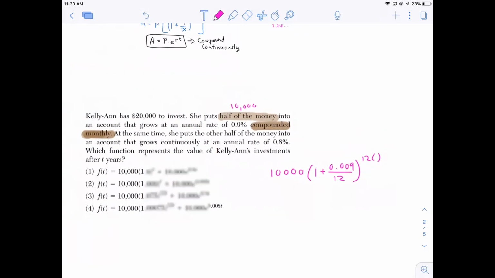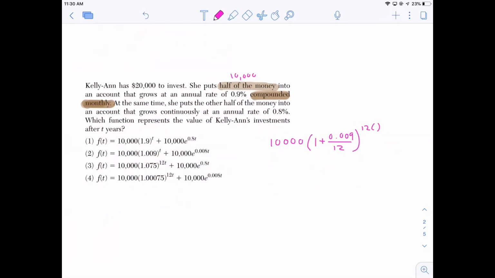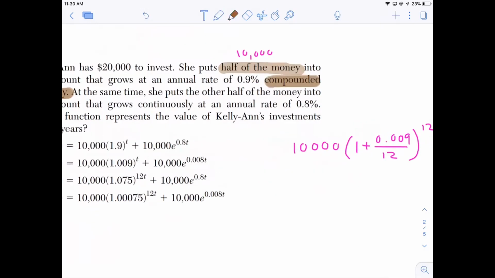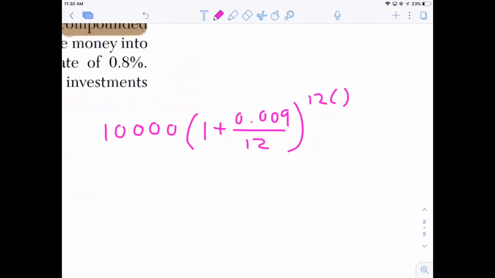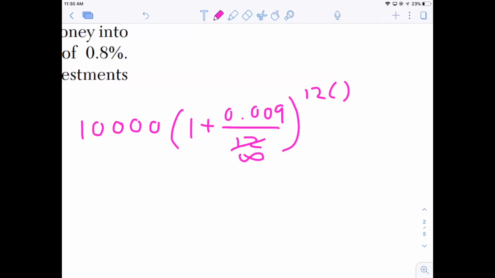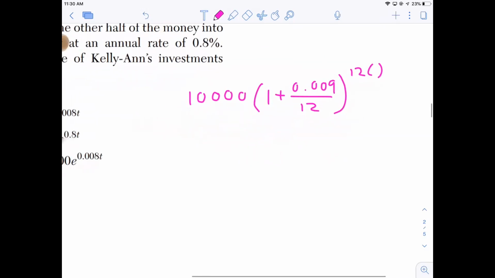At the same time, she puts the other half of her money into an account that grows continuously. So when something grows continuously, we are going to be using our PERT formula. In essence, what we're doing is plugging in infinity here, but that doesn't work, so we came up with our PERT formula.